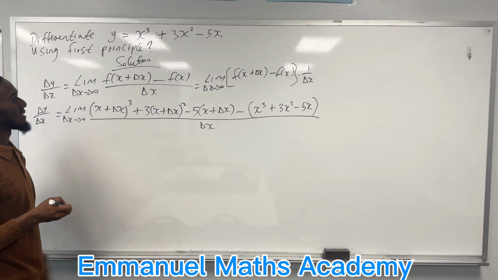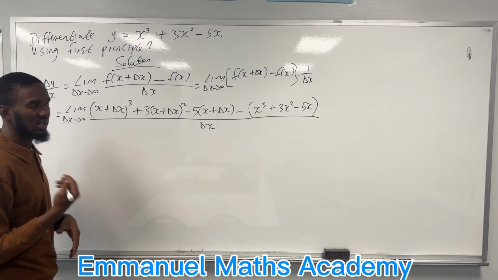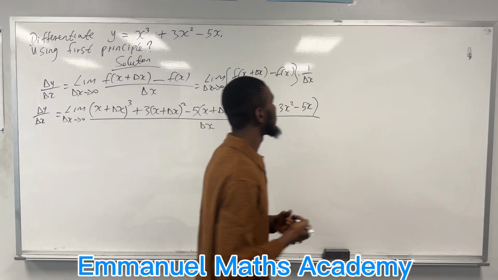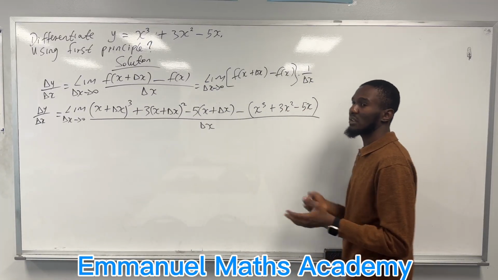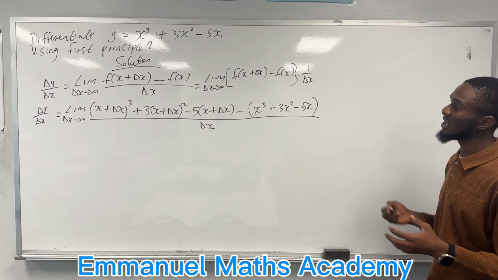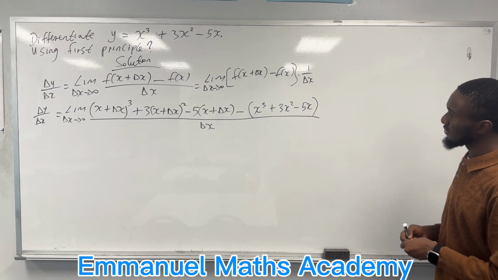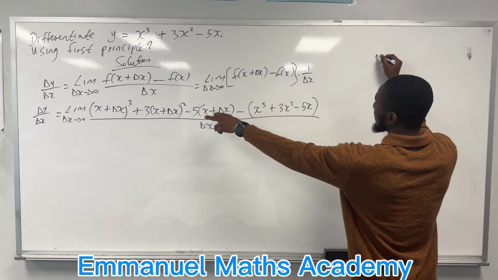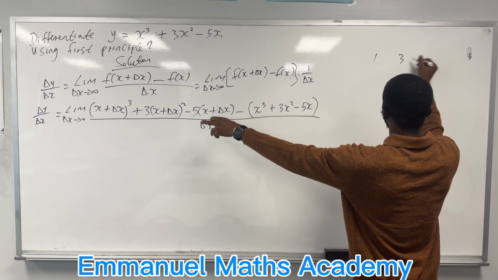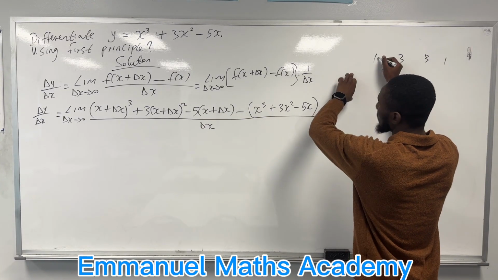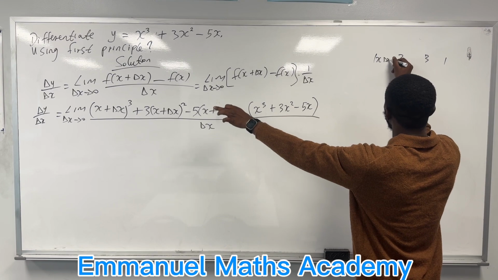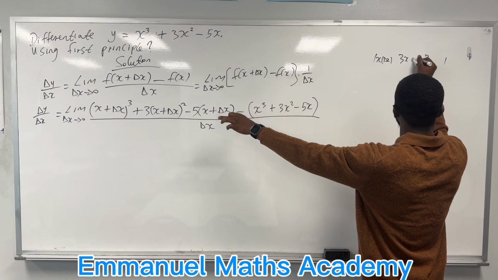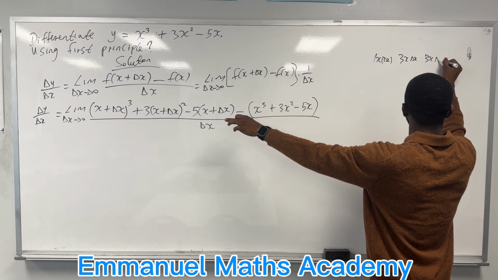We need to expand. You can use the general method of expansion, or you can use Pascal's triangle or the combination method to expand this. So if we expand this, we have what? For power 3, you have 1, 3, 3, 1, right? So first one, you have x, delta x, x, delta x, x, delta x.